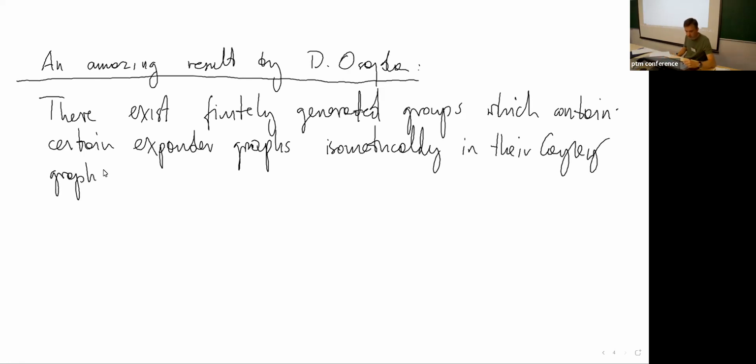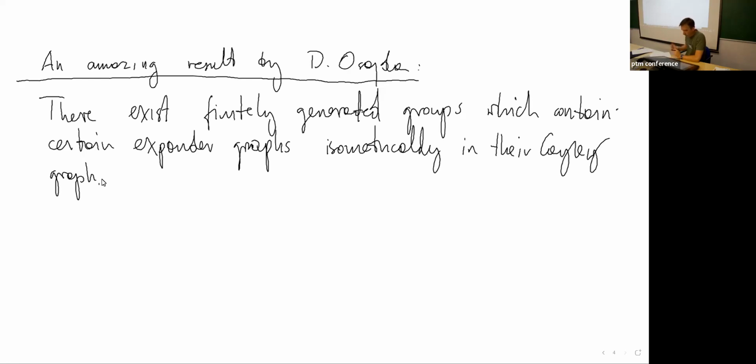So this is a very difficult thing to do. The first versions of these were announced by Gromov 20 years ago, but there was no proof, essentially just an announcement. Gromov said that there are some groups which can contain expanders in a very weak way in their Cayley graphs. And what Damian proved is that there can be a group with an isometrically embedded sequence of expanders.